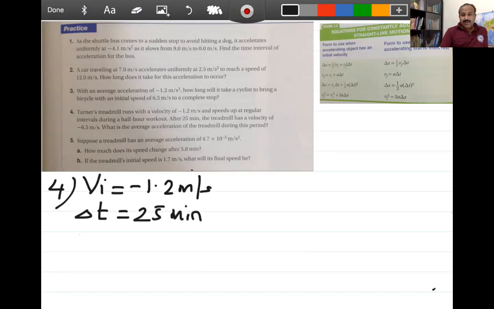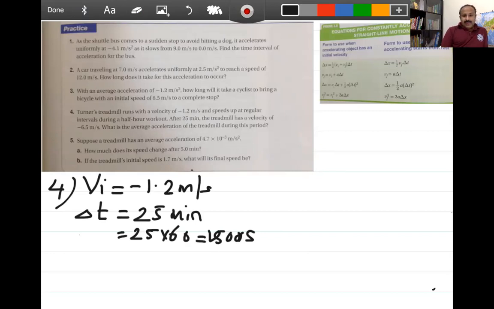But the unit should match. Here the velocity is given in meters per second, so time is taken in seconds. So this delta t also should be in seconds. You have to multiply this 25 with 60 to get seconds. So 25 times 60 is equal to 1500 seconds. Okay, so that is the delta t, time taken.